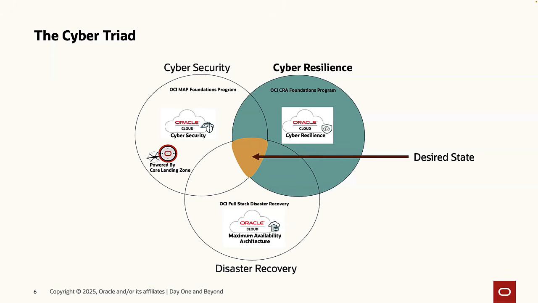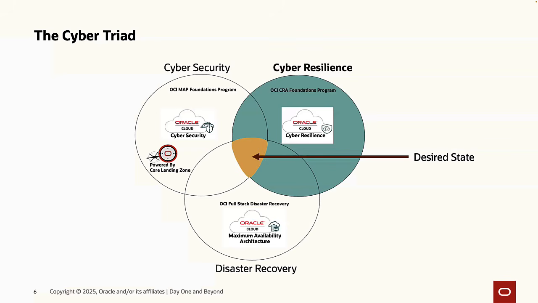Within OCI, we can help you with your cybersecurity through our core landing zone. Our core landing zone is a set of Terraform scripts that help you deploy a tenancy and also other modules for your tenancy that are aligned with the CIS Foundations benchmark for OCI, as well as OCI best practices. And we have programs that can help you get the right start so you don't have to stumble through it. Disaster recovery, again, it's important, but it doesn't do everything for you.